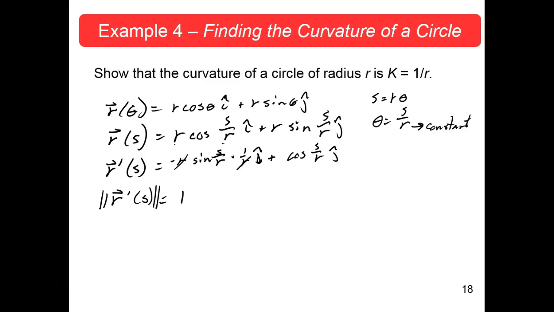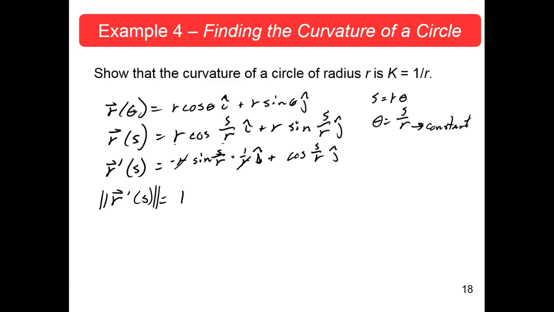And in what direction is the velocity vector always, or the r prime vector always? Same direction as the, even back in scalar differentiation, derivative of a function is the tangent.